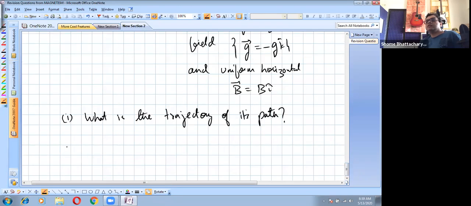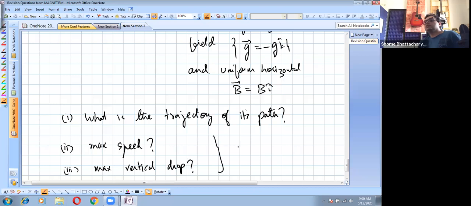And secondly, maximum speed and maximum vertical drop. Okay. So these two are assuming the particle does not hit ground.